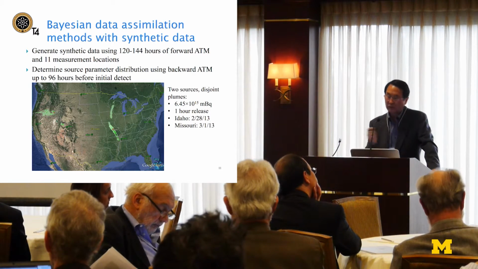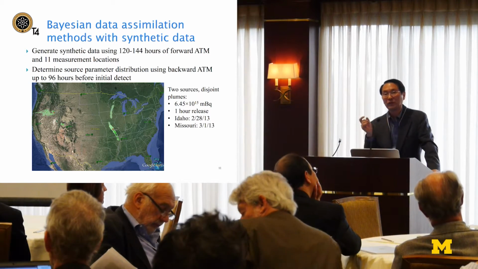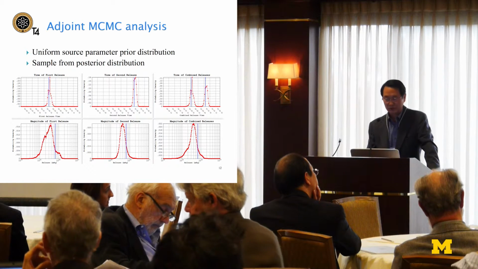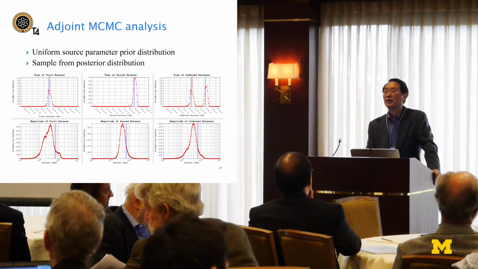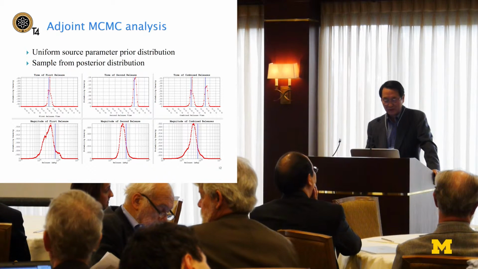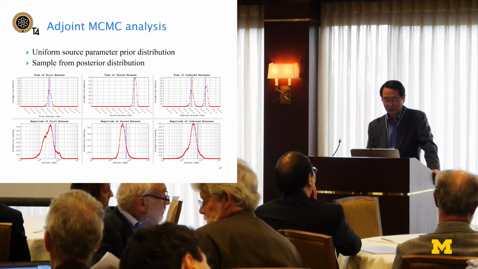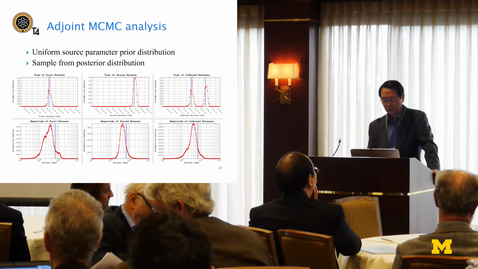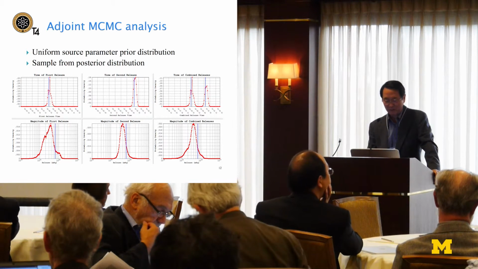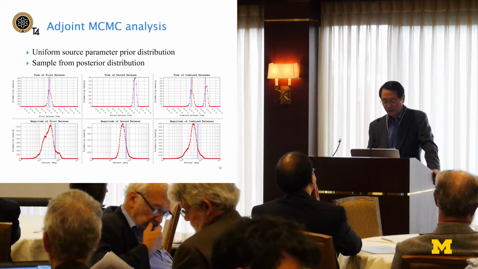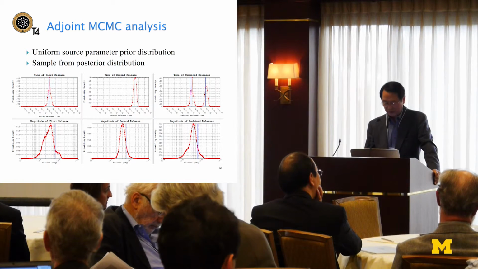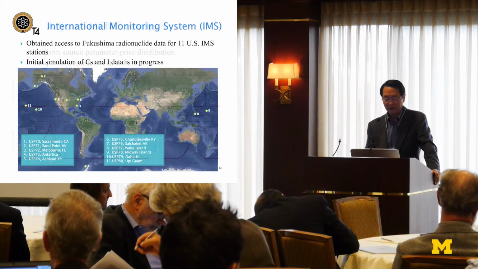Based on that, we would like to move backward in adjoint calculation and try to reconstruct the source. And these are the probability density function plots. And this is the actual source release time for the two sources we had, and this is the combined release time and the magnitude and so on. So we are doing fairly well, not perfect, but I think we are moving along okay.